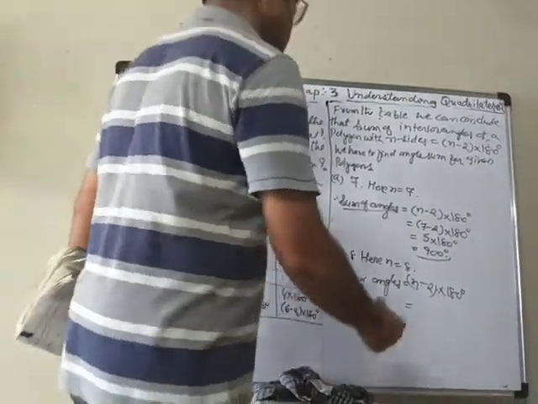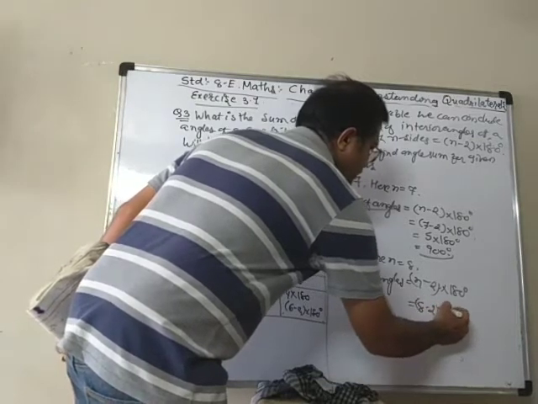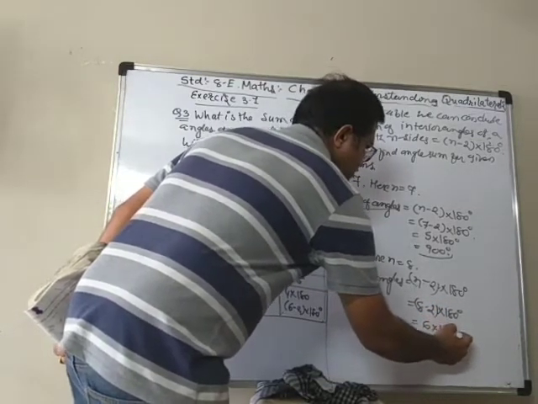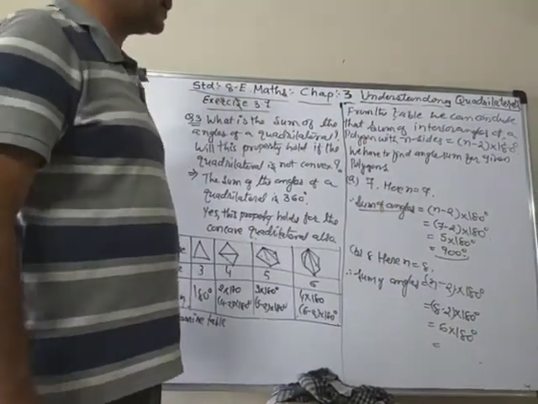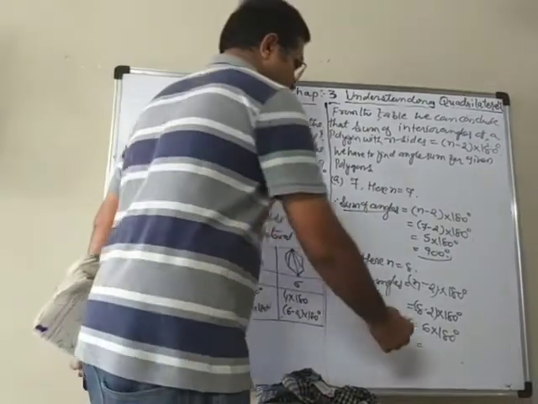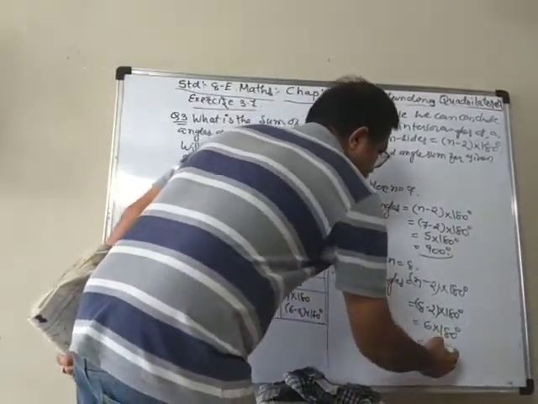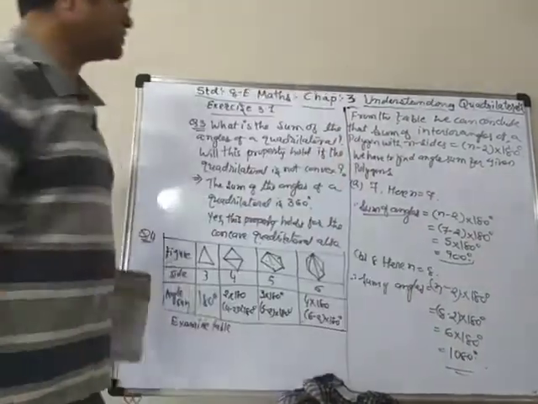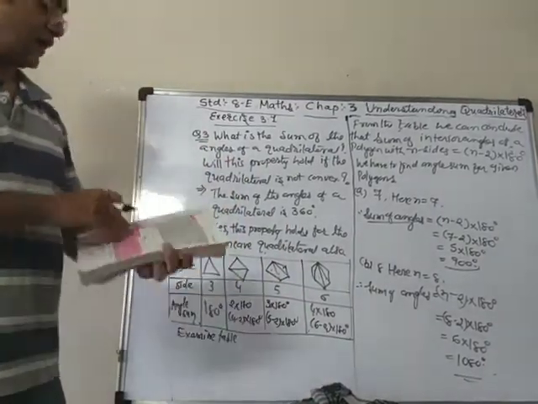So it is equal to 8 minus 2 into 180 degree. So it is equal to 6 multiplied by 180 degree. So 1080 degree. So here you can see that if you know the formula, then we can find any.